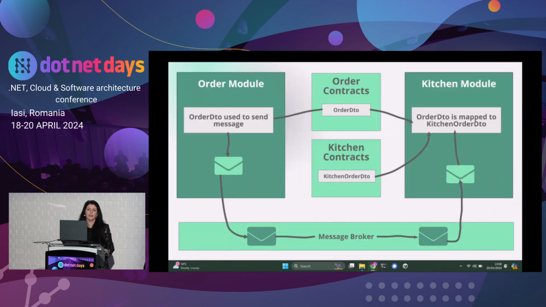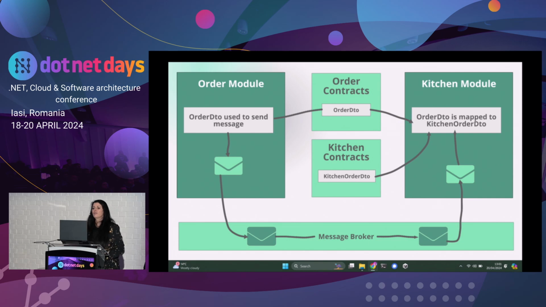Now, if we see it in practice, we have our order module and our kitchen module, and they're communicating via the message broker. They have their contracts project, and the kitchen module is referencing the order contracts, so it knows the format of that message coming into it, okay? So it's like, oh, this is an order DTO. I know what that looks like.